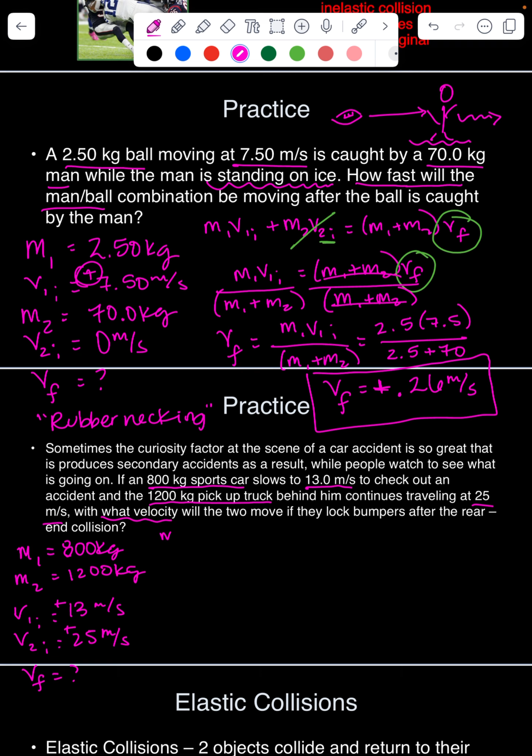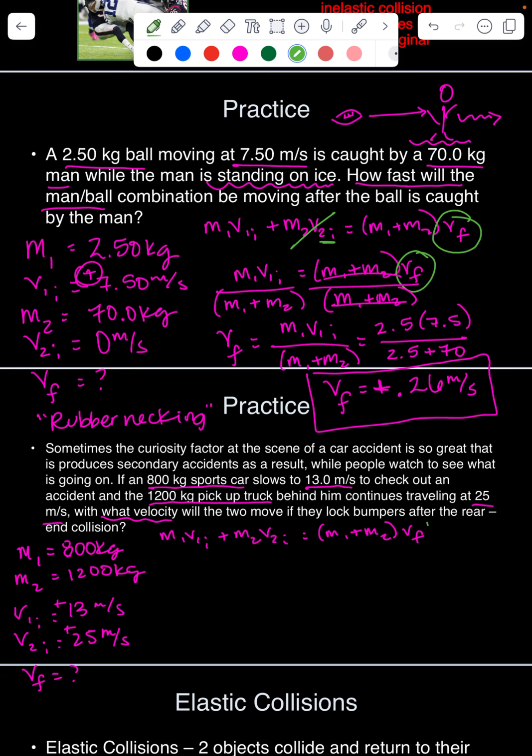All right, so because they stick together, we know that momentum is conserved, but we can't use our original conservation of momentum equation. We have to use the one where they are sticking together. So M1 V1 initial plus M2 V2 initial is equal to M1 plus M2 times V final.